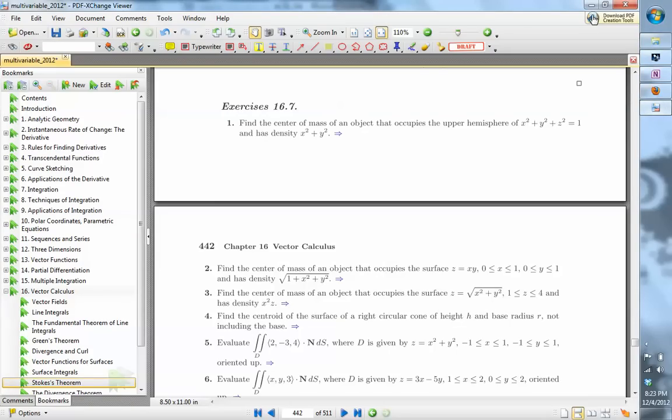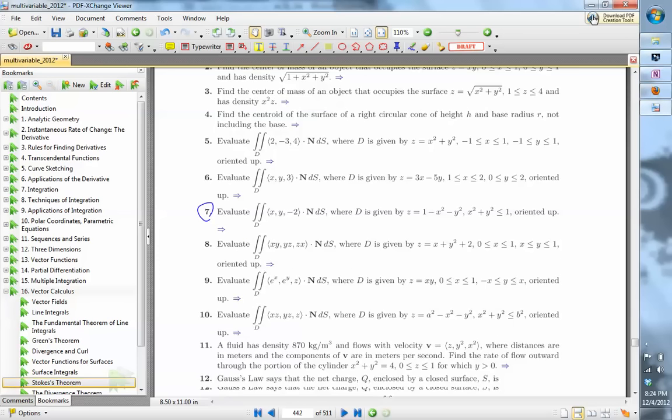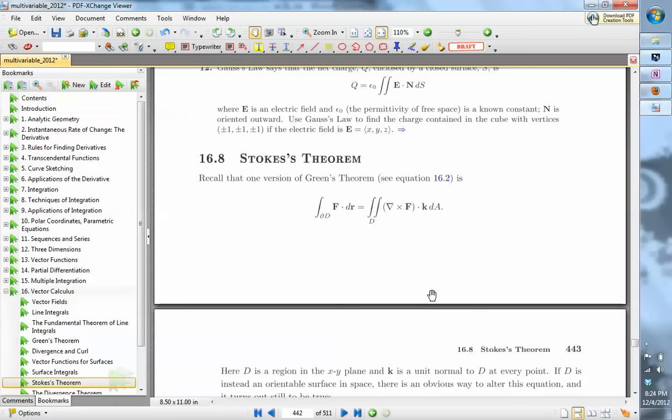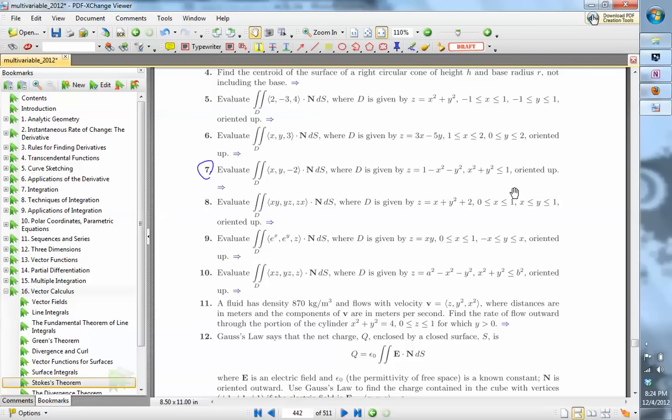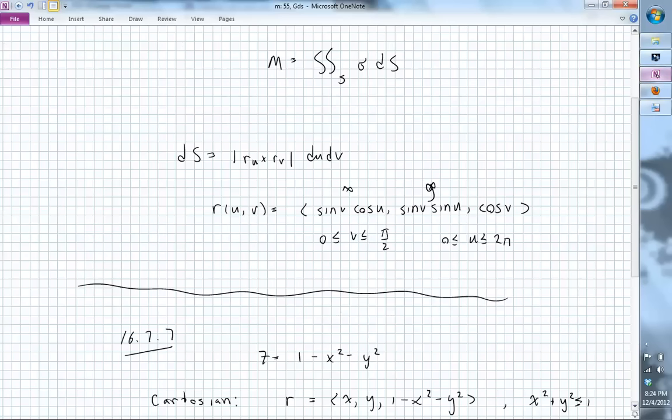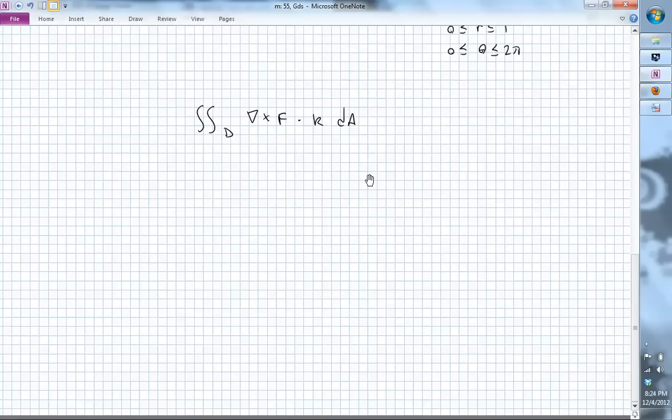The only real difference in these two sections is in the second section we allow for the possibility of a function. So in the first section, essentially all you're doing are integrals like this. Let me go back here.